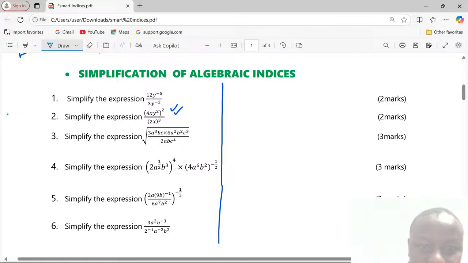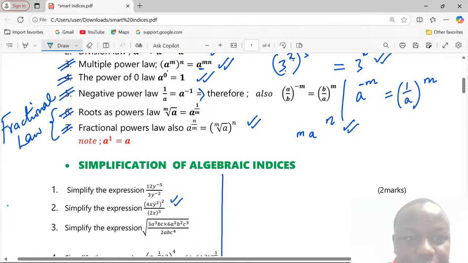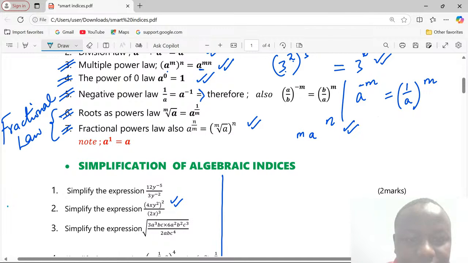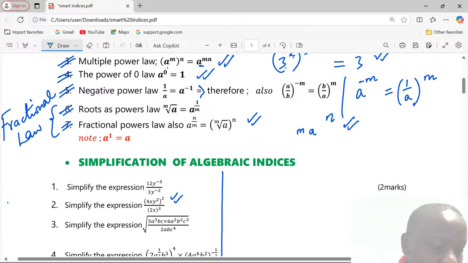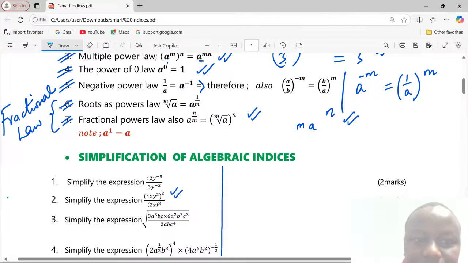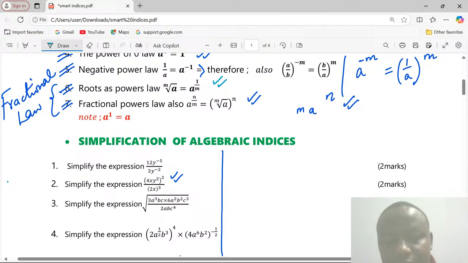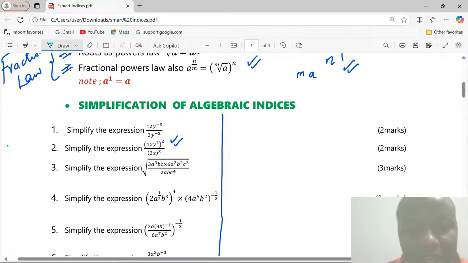In this particular case, I want us to take it slowly. Remember, obtaining a square root means raising to power half, according to roots as powers. When we have a root as a power, we raise it to the fraction of that root.